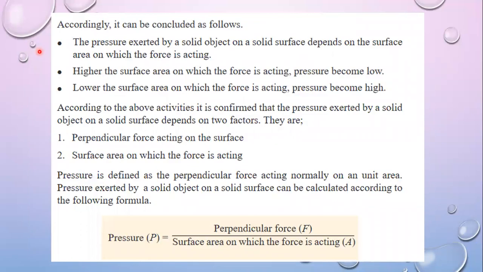Accordingly, it can be concluded as follows. The pressure exerted by a solid object on a solid surface depends on the surface area on which the force is acting. Higher the surface area on which the force is acting, pressure becomes low.